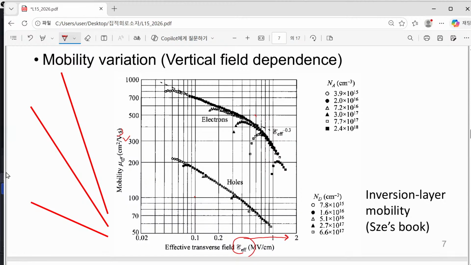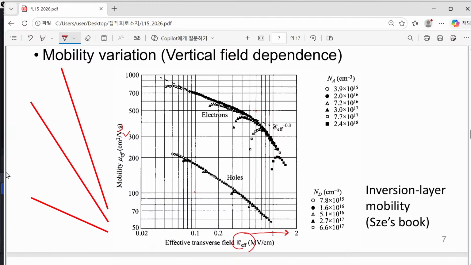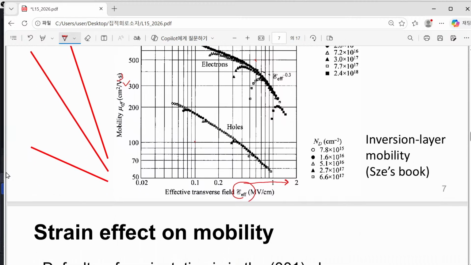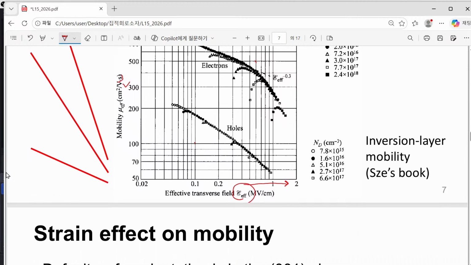Mobility is always a headache of a MOSFET, because when we try to make a transistor, mobility is not that high. However, don't be too frustrated, because compared with different material technologies, the numbers like 200, 300 are sometimes not that high, but also way higher than some other technologies.